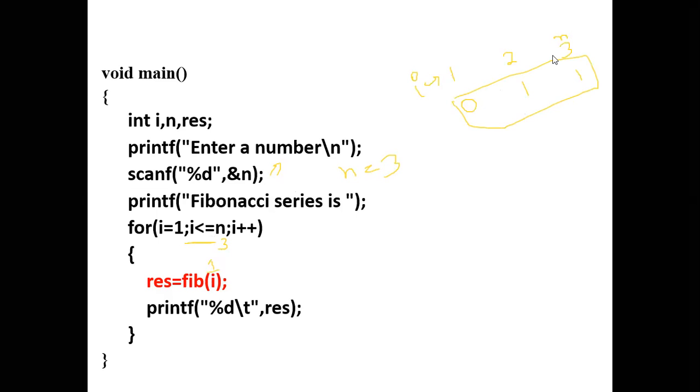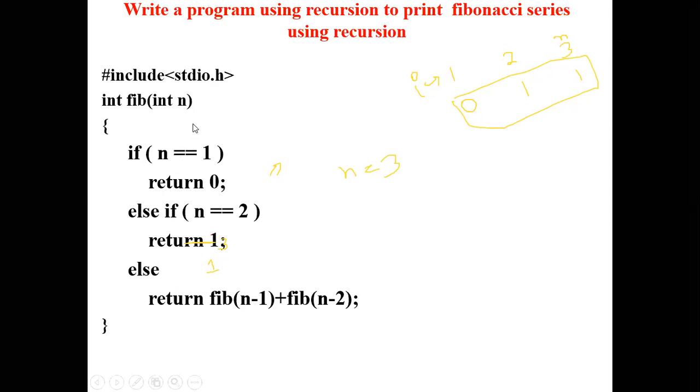If the value we are passing here is n is equal to 1, what are we supposed to return? It is 0. So it will return 0. We have already got the first number, that is 0.